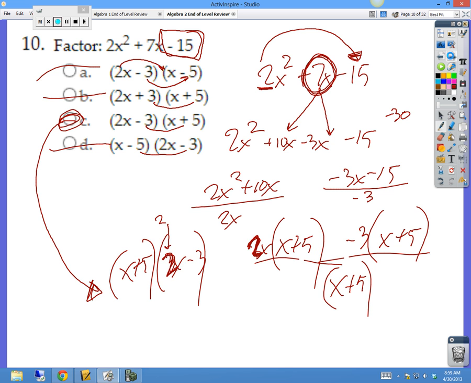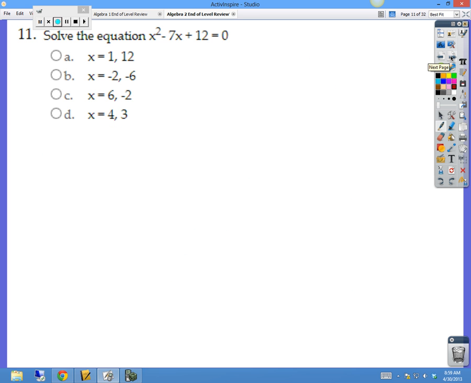What about 11? If it starts with 1, the chances of it being pretty slick are quite a bit better. So we're going to try and factor it. Rewrite it as a times problem. And it's going to be x and x. That's going to give you your x squared. What's going to times and give you 12, but add and give you a negative 7x?